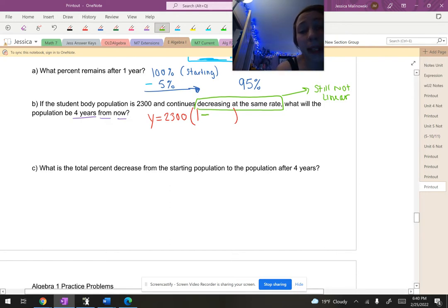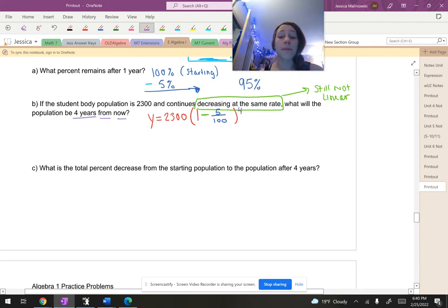I'm using the minus again because it's decreasing. What percent is it decreasing by? The 5% that we talked about out of the 100. And since it's asking me 4 years from now, I will be raising that to the 4th power.